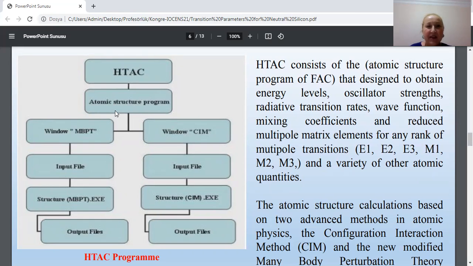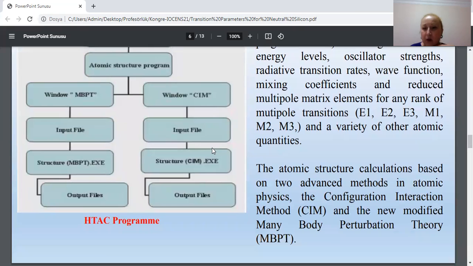Also, we have two methods to understand these properties. MBPT means many-body perturbation theory, and the other one, CIM, means configuration interaction method. We can think about transitions with these methods, and we can solve the problems.